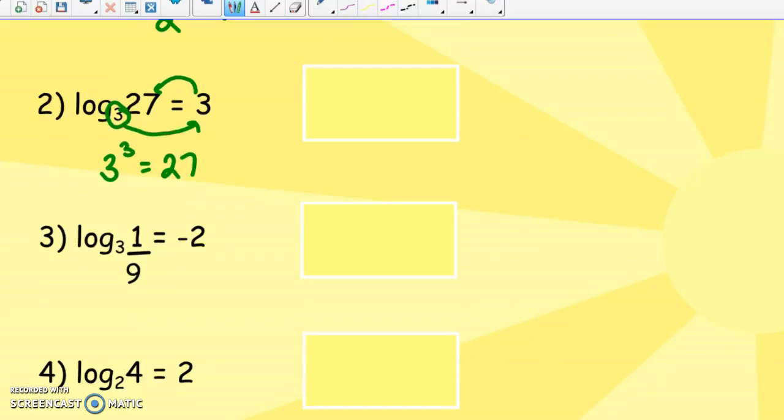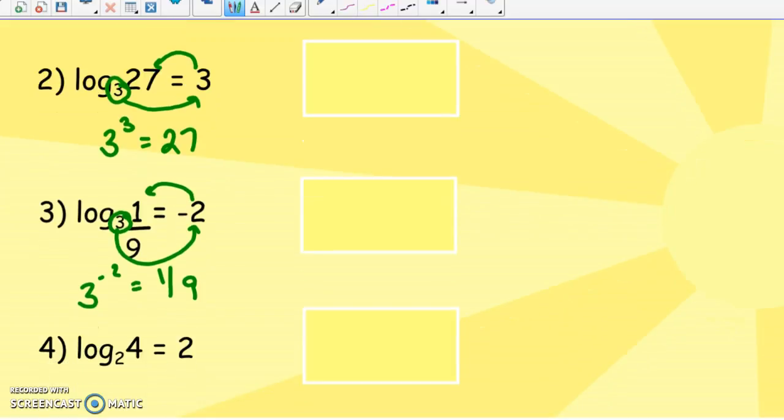Again, think, what is our base number? It's that little subscript number of 3. And then the order in which we write it is that counterclockwise motion. So 3 to the negative 2nd equals 1/9. And again, evaluate 3 to the negative 2nd power. It gives you a decimal. If you convert it to a fraction, it'll equal 1/9.